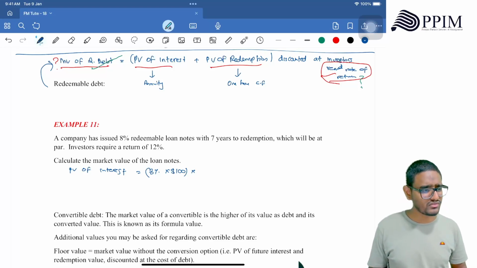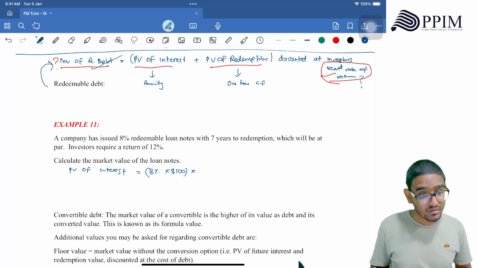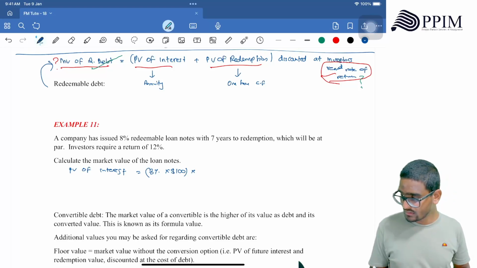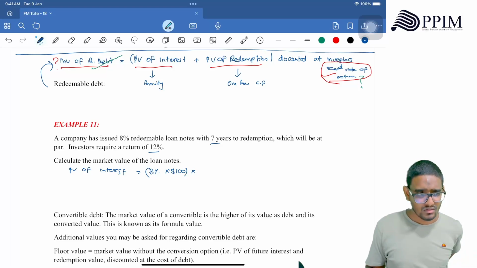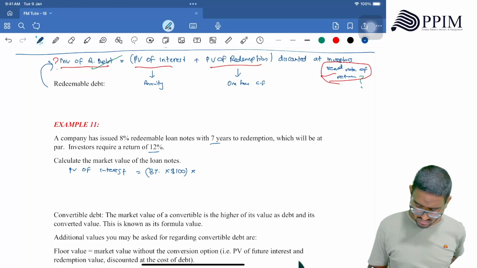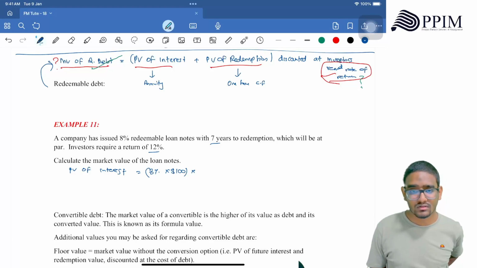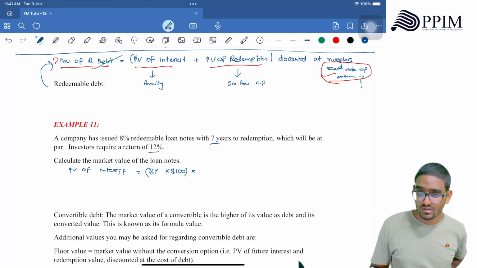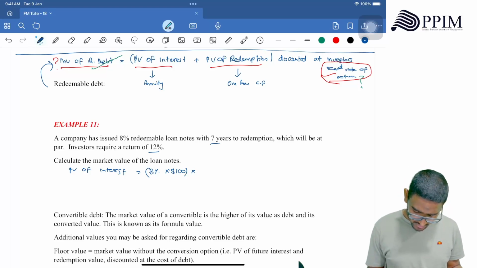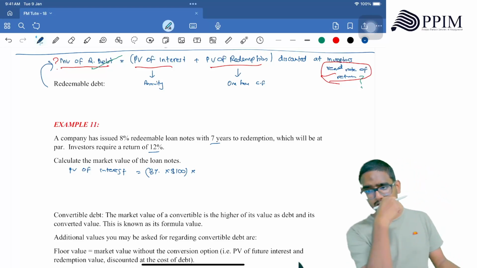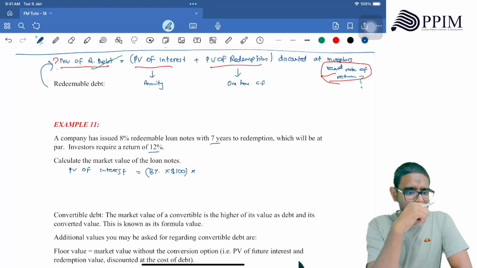So was that 4.56? 7 years, right? 12% for 7 years is 5 point... 12% at 7 years, no? 5.26. No, 8%. No, you look at 12%. Why are you looking at 8%?